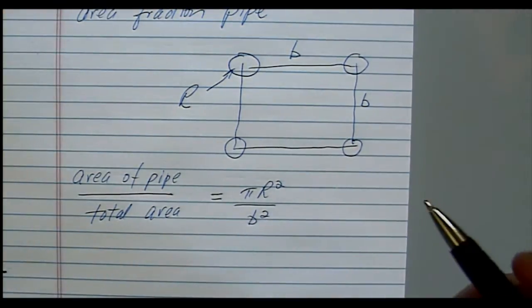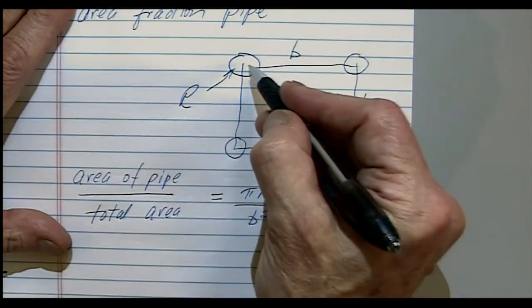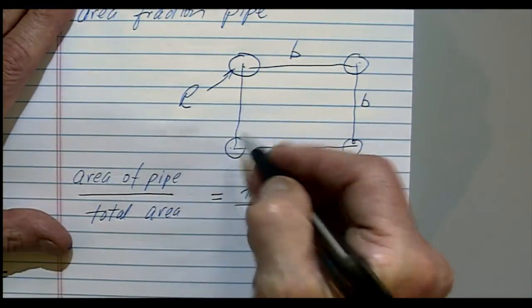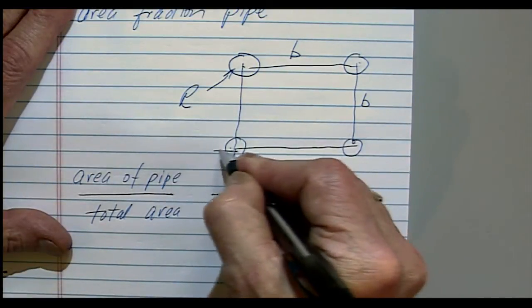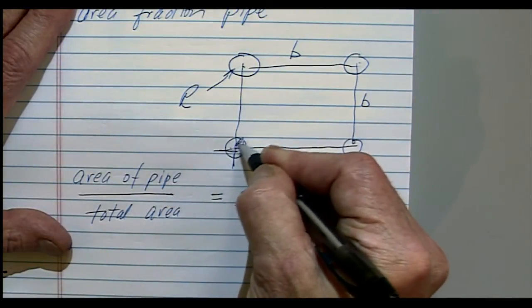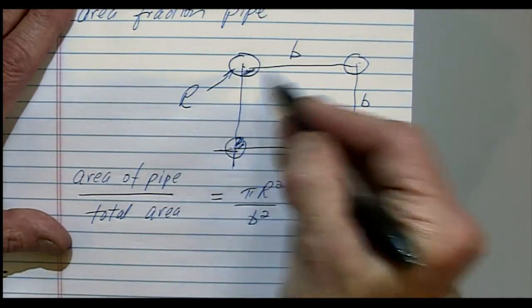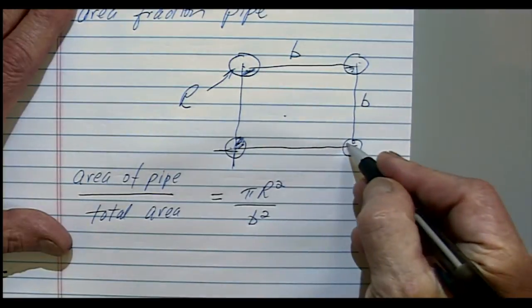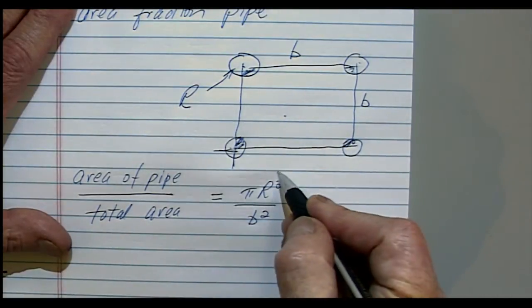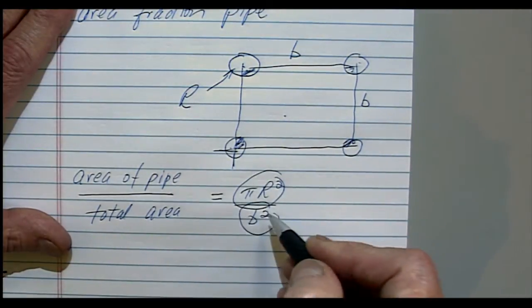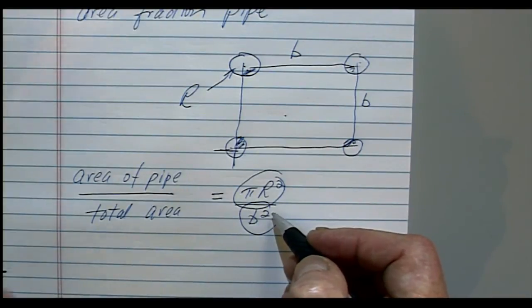And this is where you have to, again, think about what you learned in mineralogy. You have 4 pipes, but each pipe is shared by 4 different grains. So this pipe only belongs 1/4 to this area, and you get another quarter here, another quarter there, and another quarter there. And so you get 1 pipe per b squared. So that's the area fraction of pipe.